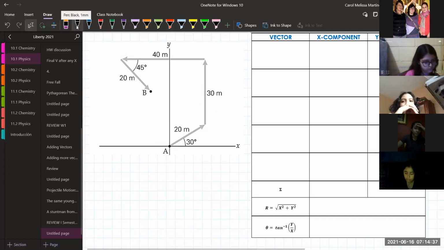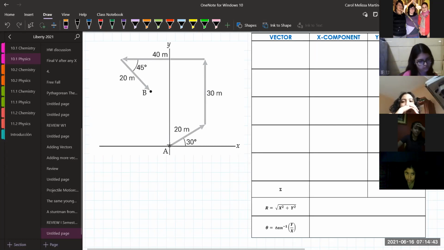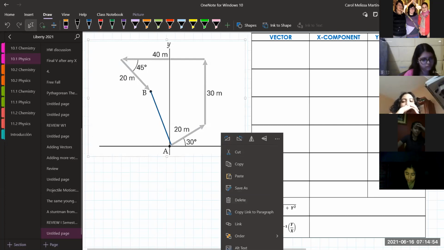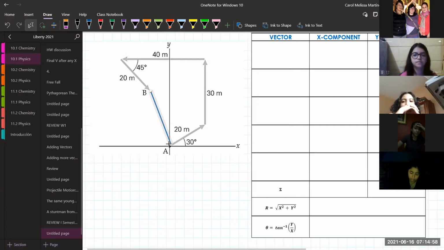So basically, for this exercise, the resultant is going to be that distance that you see over there, from the origin to the final position. That's basically the resultant. So I wonder, what is the resultant that that person had?